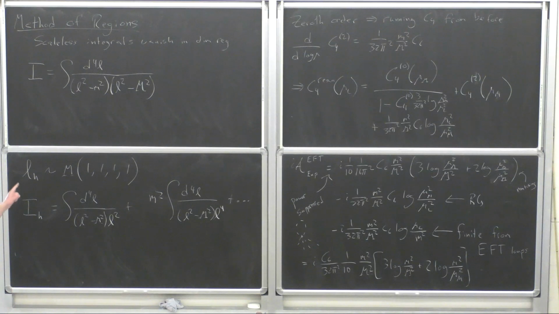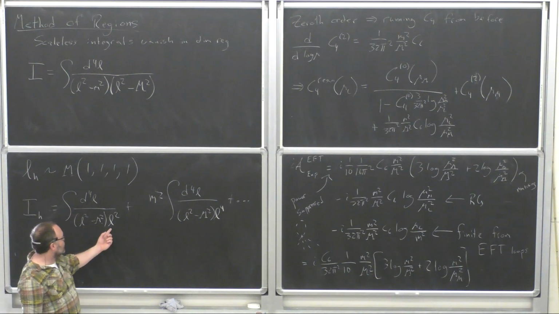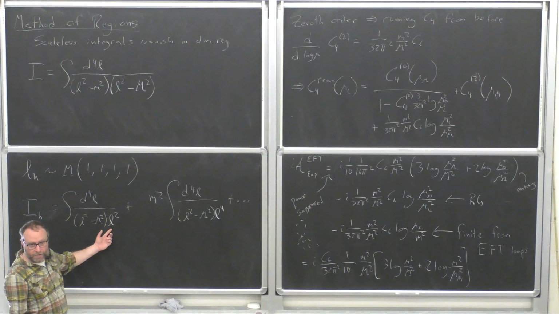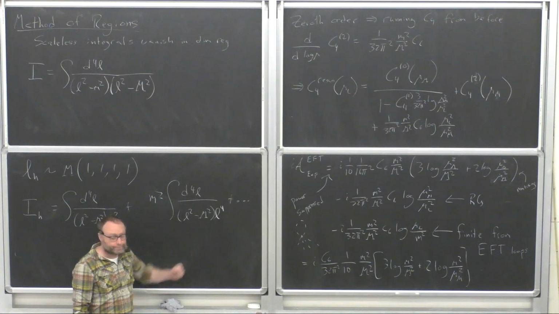So you see what I did. I left the second propagator alone because L^2 is of order M^2, but the first propagator I'm now expanding in a power expansion. The leading term just sets little m to 0, and then I get this subleading term.